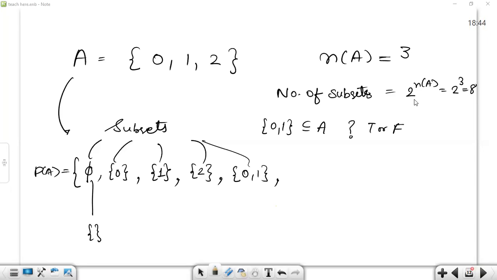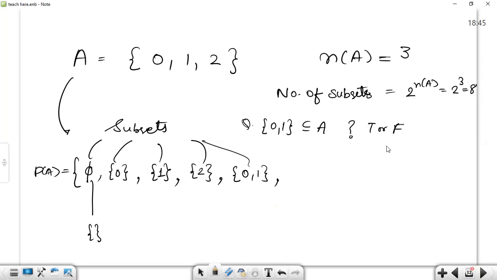Okay. So should I repeat or something? What is the doubt? Could you repeat the question, sir? Okay. I'm saying whether this set is a subset of set A or not. True or false? This is the question.